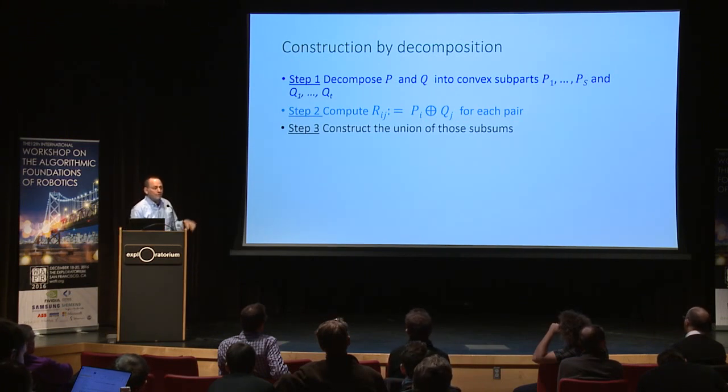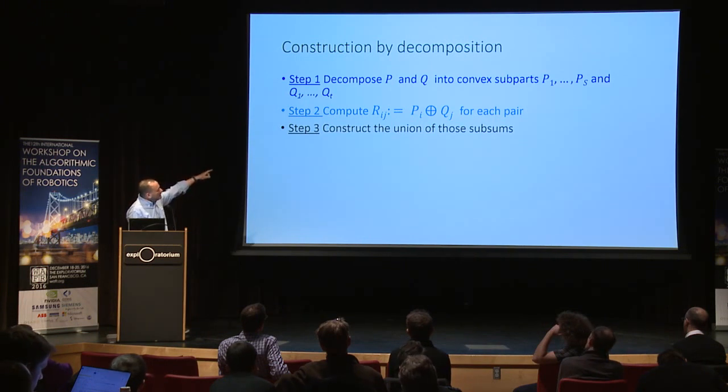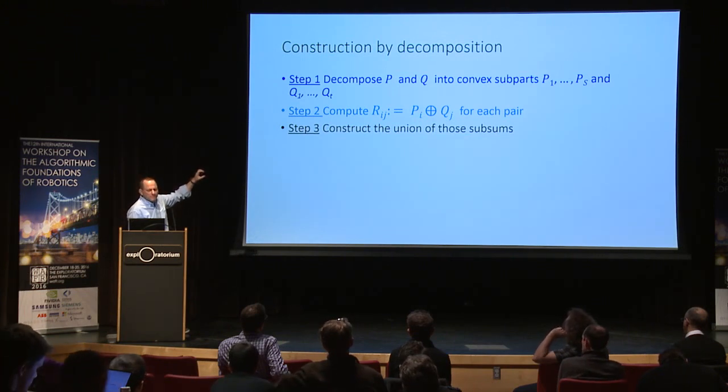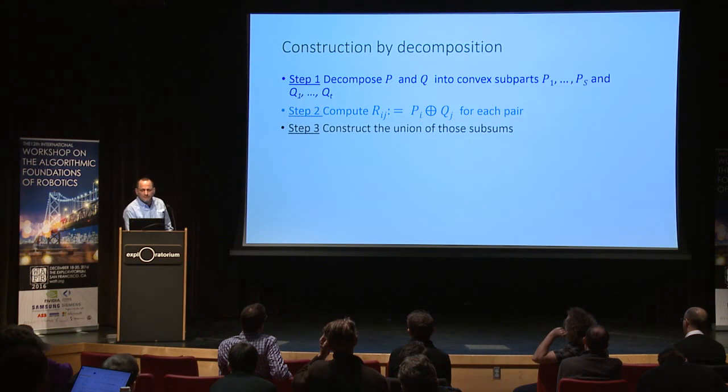Decompose the polyhedra into convex subparts. Now, take every subpart of P with a subpart of Q. These are now convex. Therefore, computing their Minkowski sum is very easy. And at the end, you have to construct the union of all these subsums.